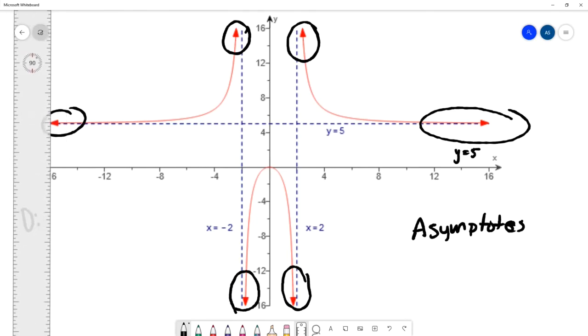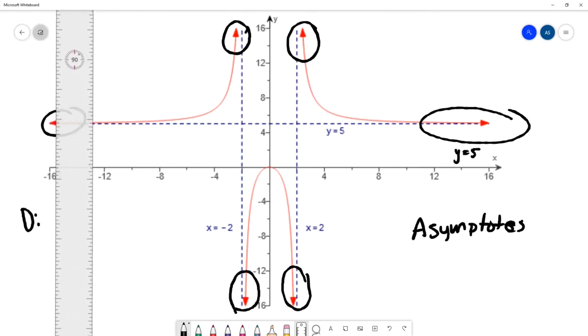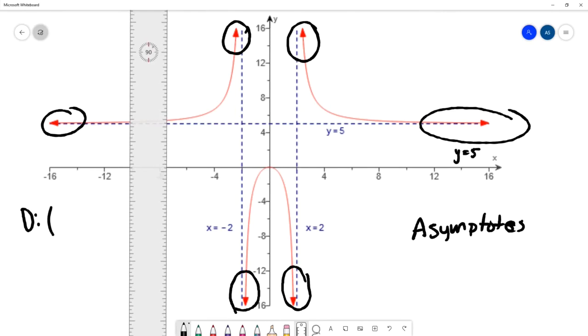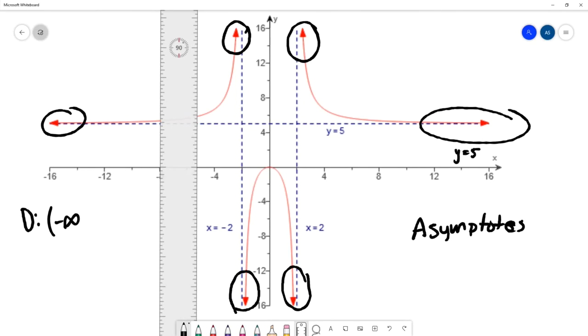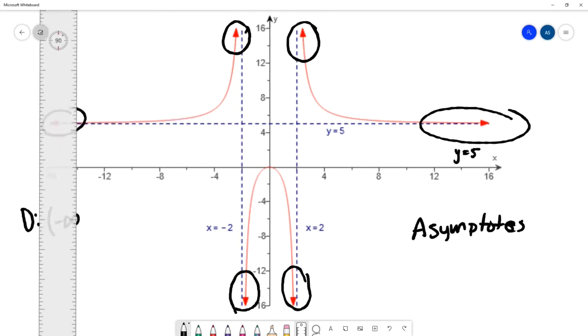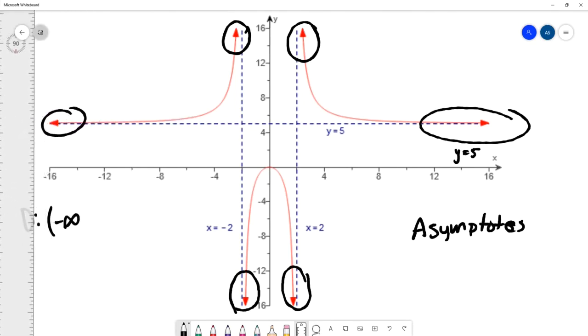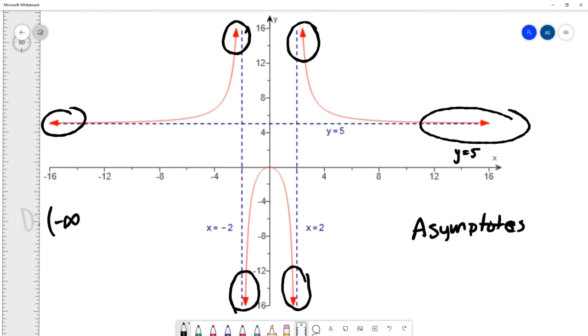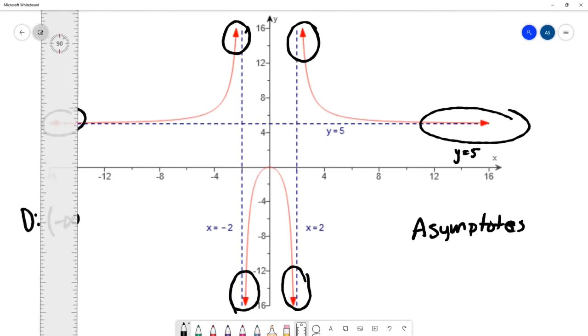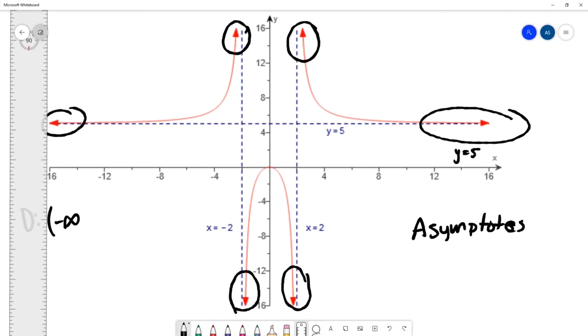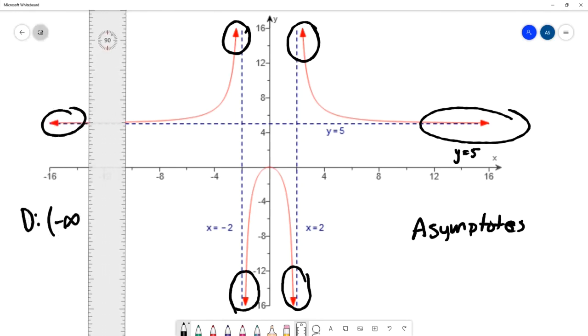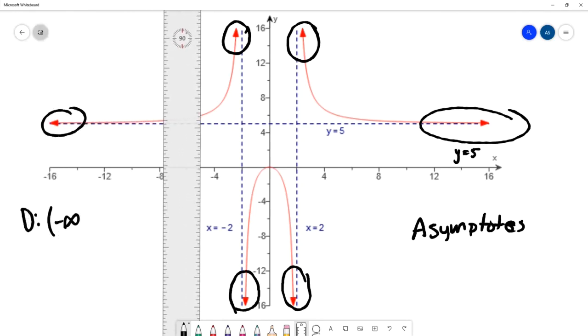So this arrow that I see on the left is telling me that my domain is going to start at negative infinity. So I'm going to go from left. I start on the left because that's the smallest. And I'm going to go to the right and see where my graph starts and where it stops.